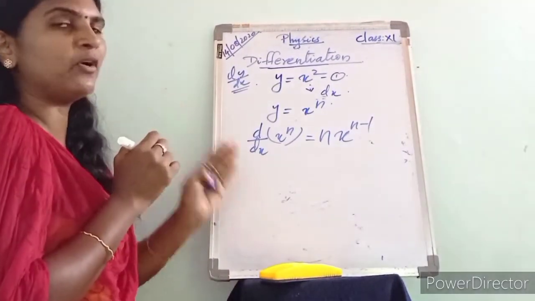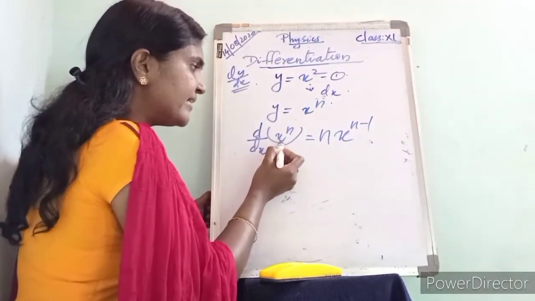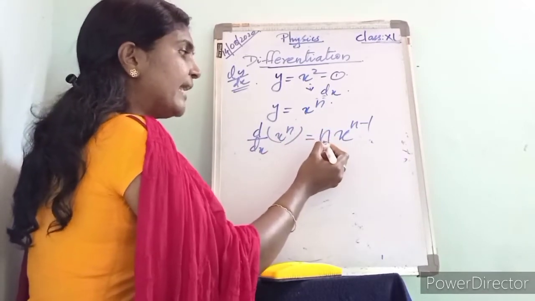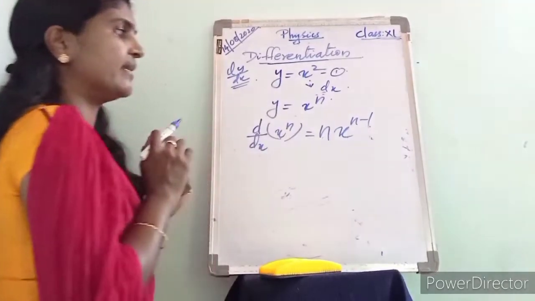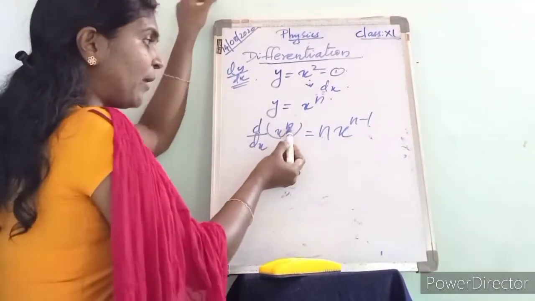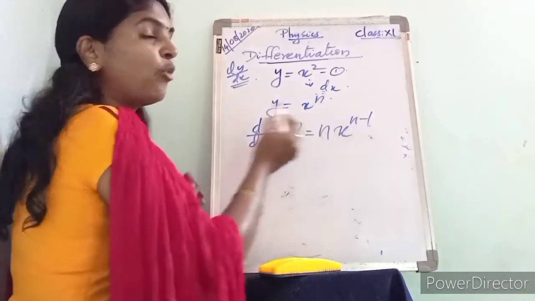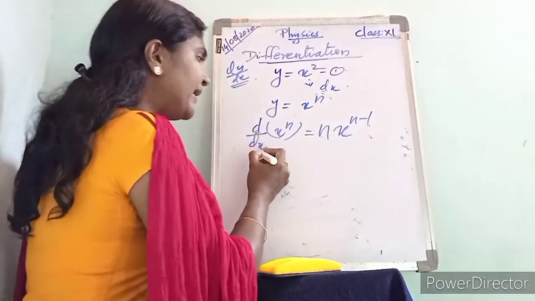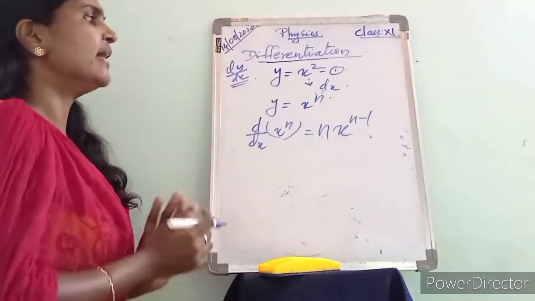This is a very important relation, you have to study. d by dx of x raised to n is equal to n into x raised to n minus 1. Here the power is n, and we have to reduce this power by 1. So we got d by dx of x raised to n equal to n into x raised to n minus 1.